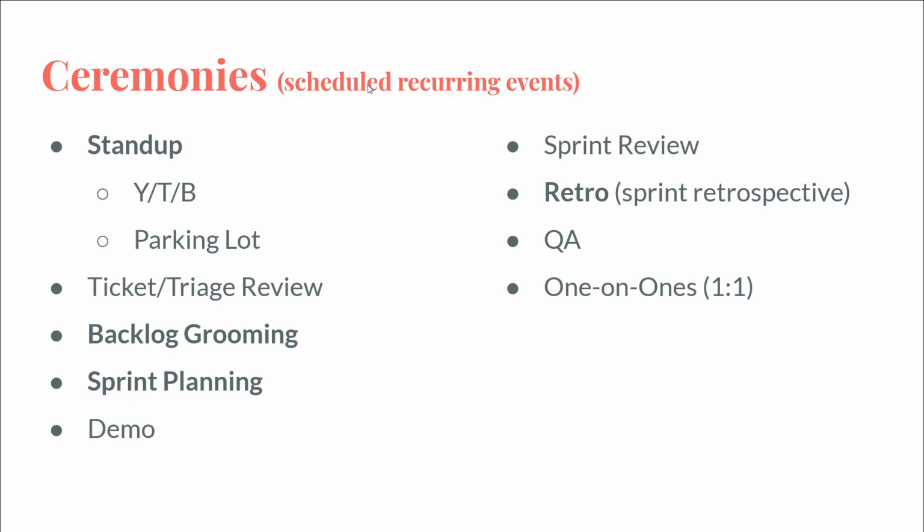The idea is that your stand-up should take somewhere between like 15 seconds and like 2 or 3 minutes tops. If you're going to like the 5-minute range, then someone will say parking lot, because that probably means that you are talking to one other person about something specific, and the two of you can just take that offline after the stand-up. You can go off and talk to each other on their own, and sometimes you'll hear the term parking lot in reference to that.